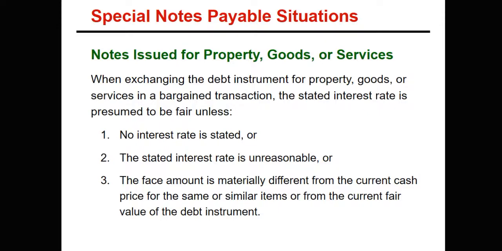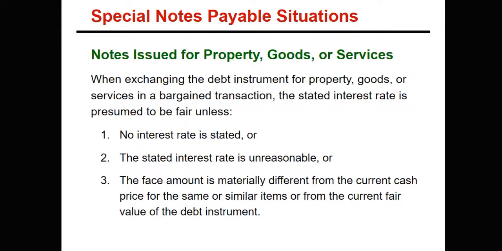And the friendly reminder is that if a company can't determine, say, the fair value of the property, goods, service, and other rights, and if the note has no ready market, then this makes it a little bit difficult for us to ascertain present value. And we need present value in order to figure out interest rate.